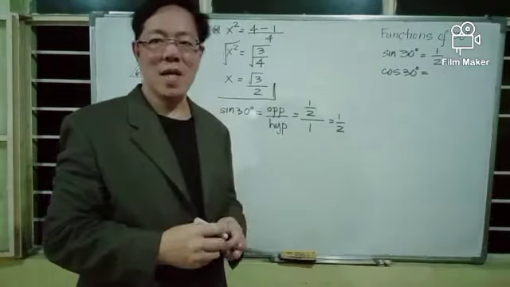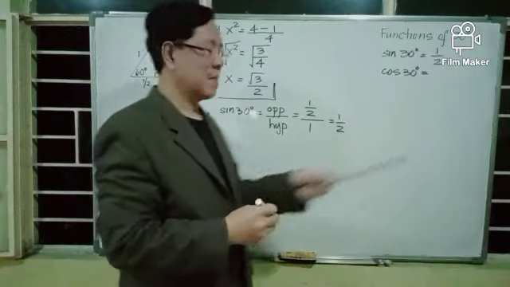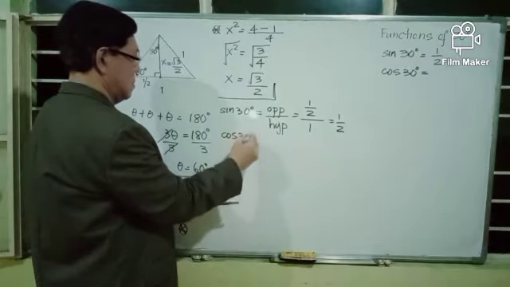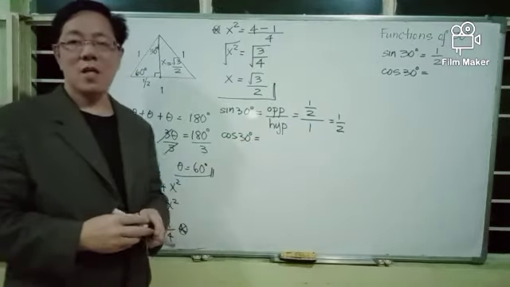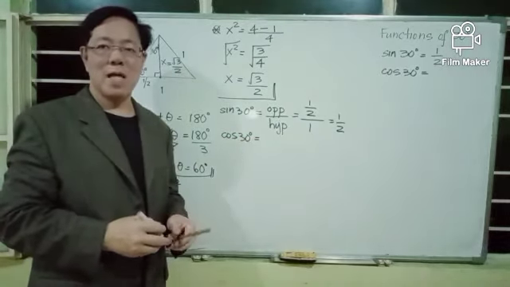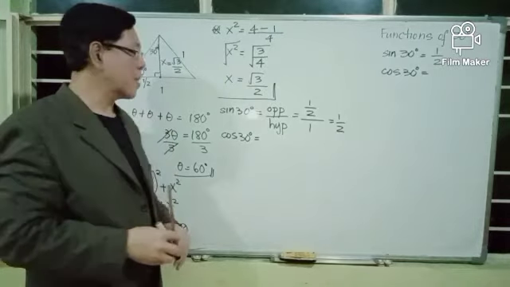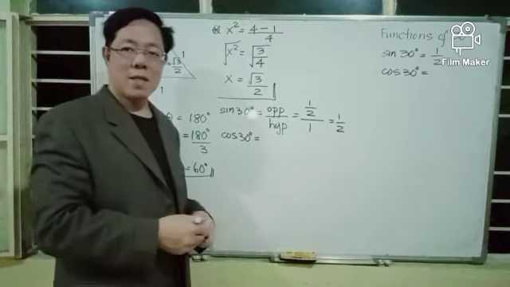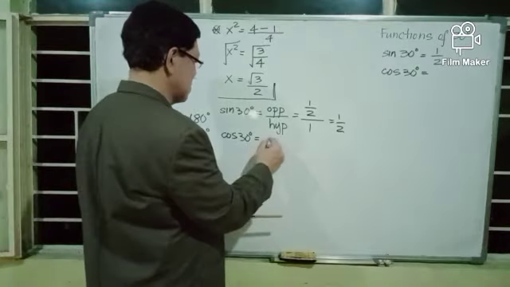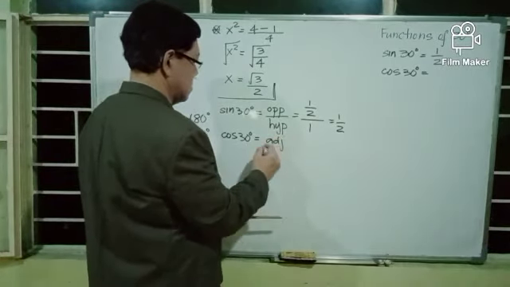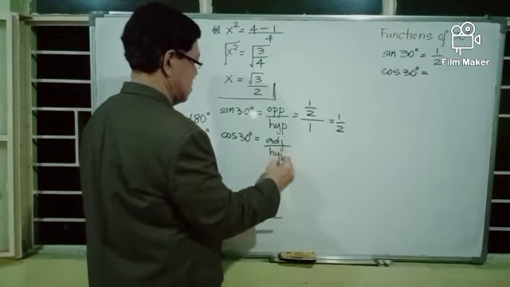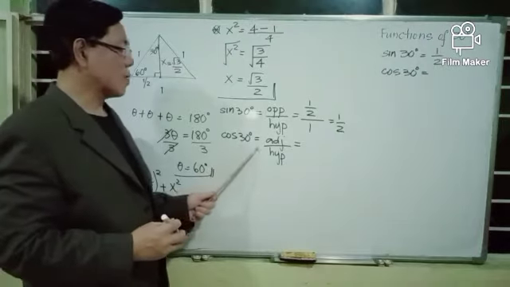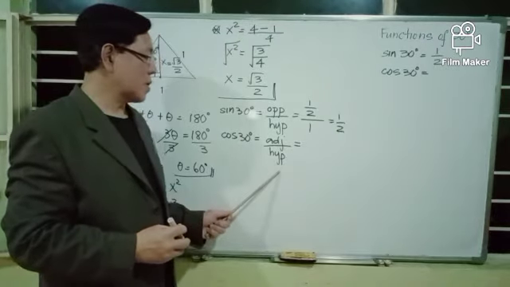Next, we find the cosine of 30 degrees. The cosine of an acute angle from our previous lesson is defined as the ratio of the side adjacent to the acute angle and the hypotenuse, or cosine of 30 degrees equals adjacent side over the hypotenuse.